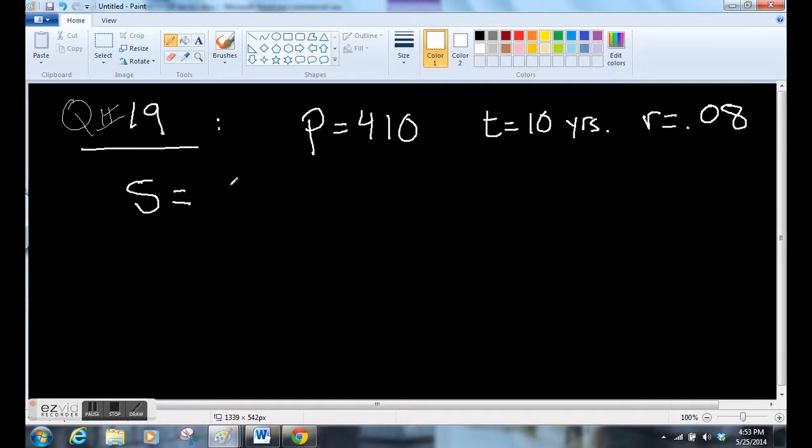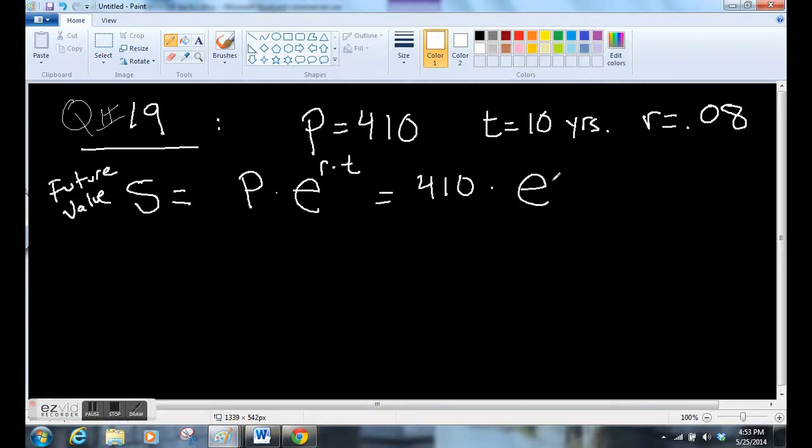The future value, S, is P times e to the RT. So this is going to be $410 times e raised to the 0.08 times 10. You're going to want to do this on your calculator.